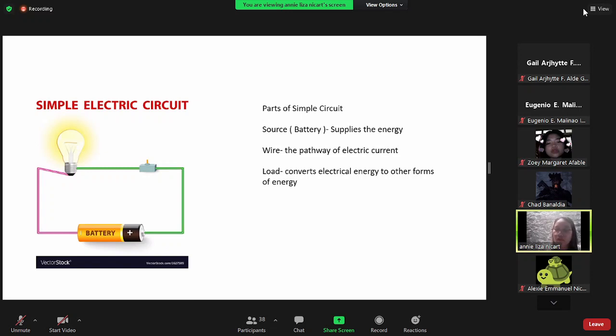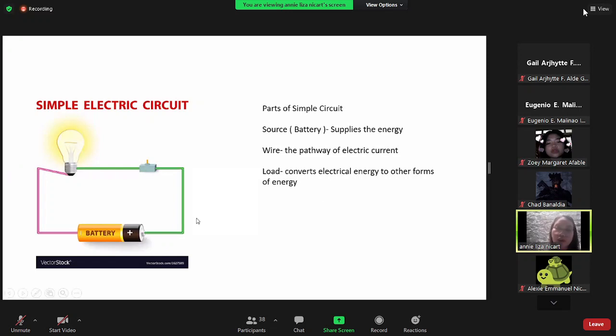If it's a flat iron, kapag ang load ay flat iron, kailangan siyang makapag-provide ng heat para ma-flatten yung clothes natin. If it is a radio, kailangan magtunog siya, mag-produce siya ng sound.